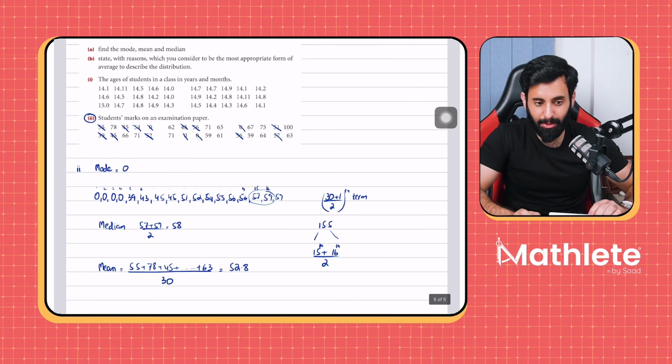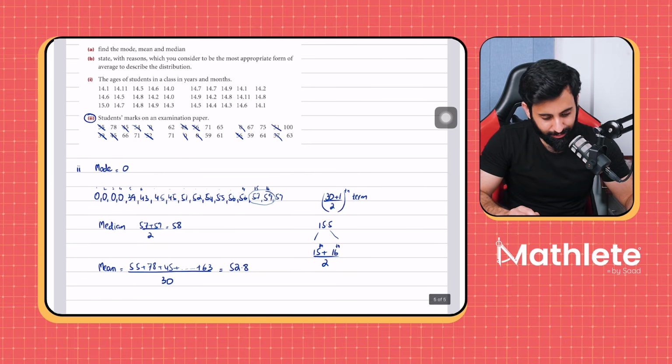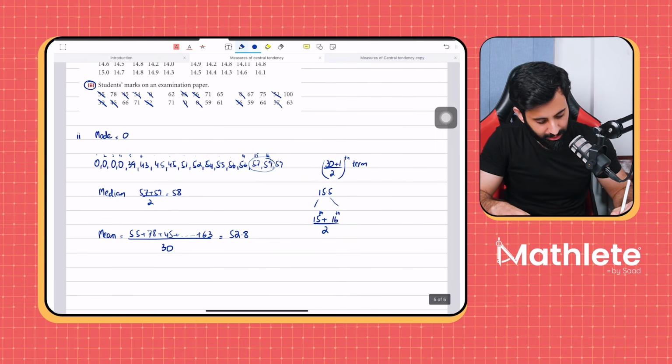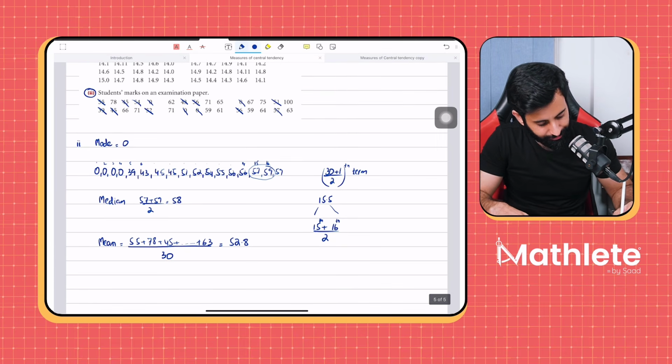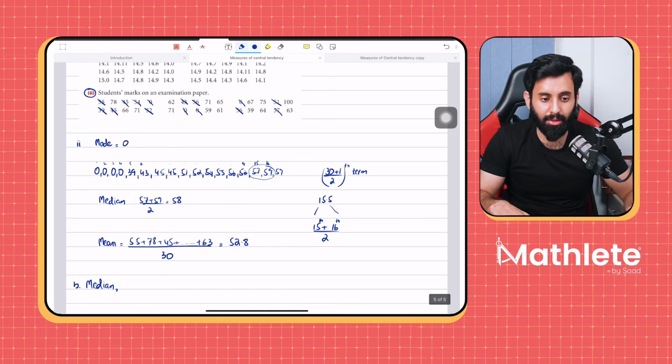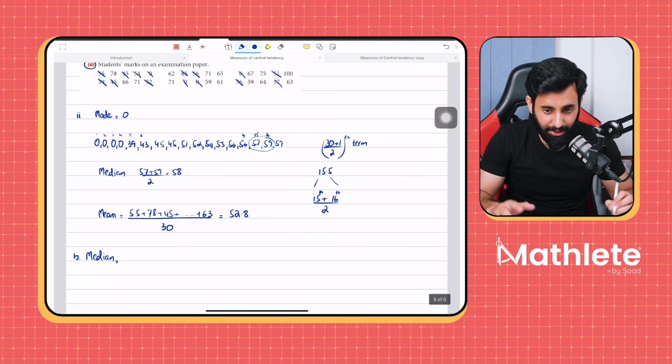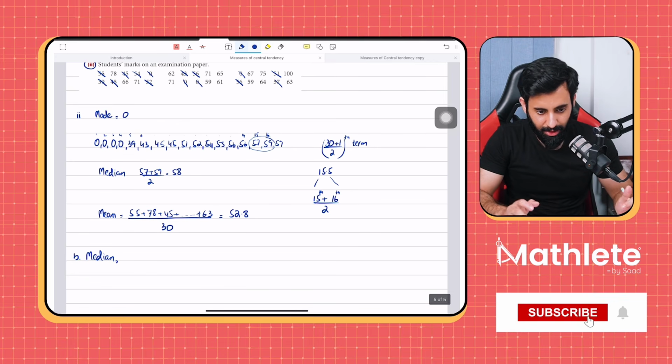Yes, in this case, we will prefer median. Why is that? Because it says state with reason. Median is the correct answer to part B. But why would we prefer the median? Yes, because you have extremely small and extremely large values.